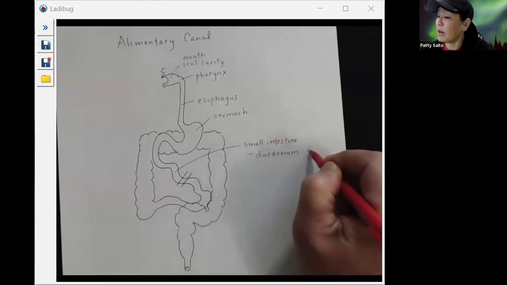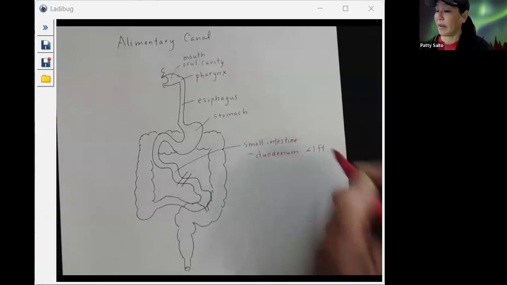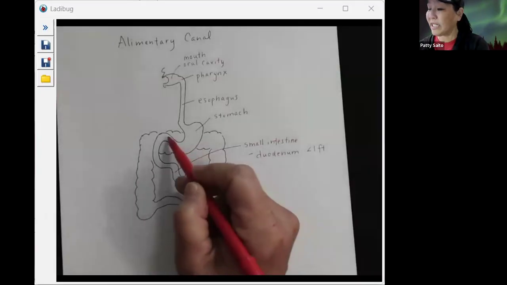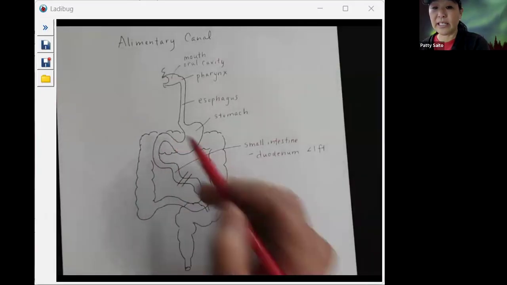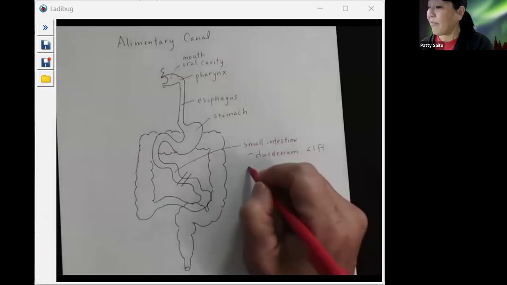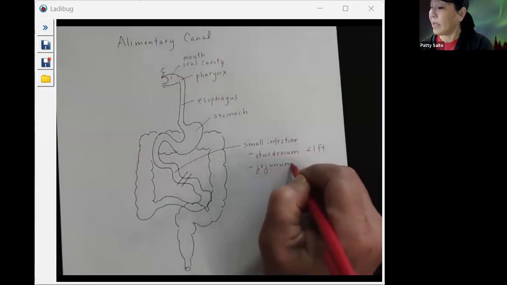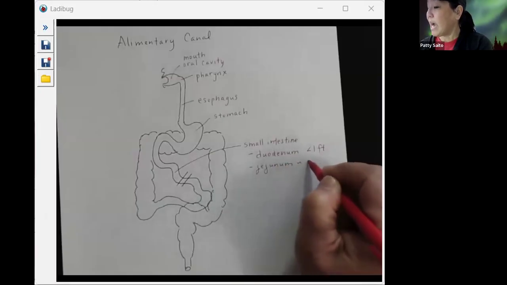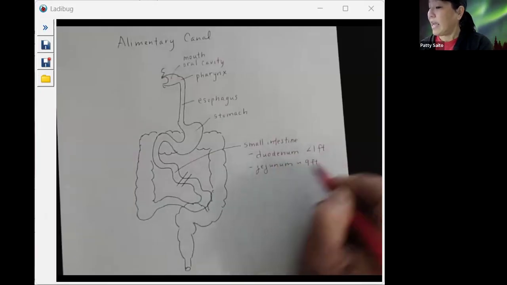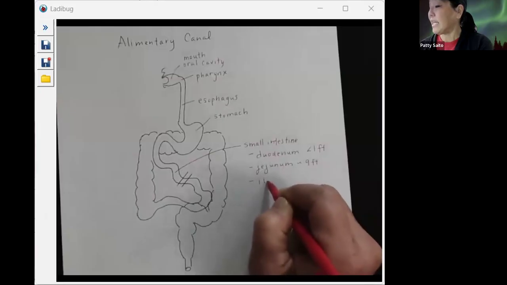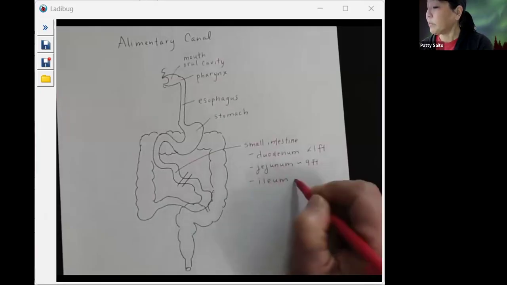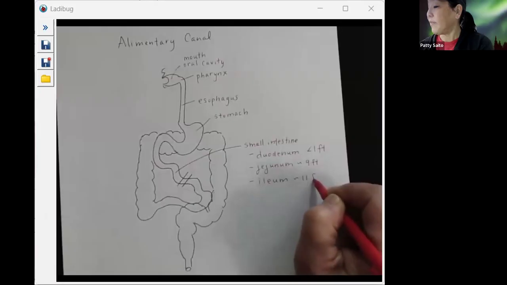It's less than 1 foot. So it's really this C-shaped part that is the duodenum. Then we have the longer jejunum, which is approximately 9 feet. And then lastly the ileum, which is approximately 11 feet.